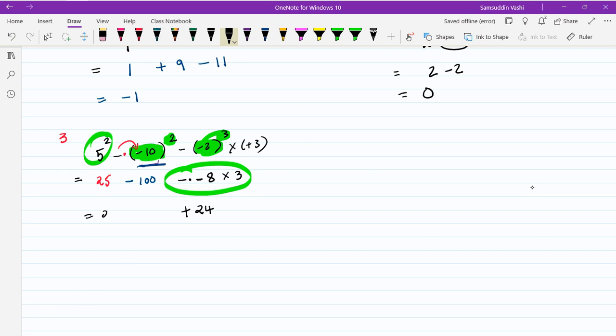So the other 2 remains as it is. So 25 plus 24 minus 100. You see, I add first all of them. So it's how much? 25 plus 24? 49. Minus 100? 51. It's a negative 51. Yeah. That's fine. There's no problem.